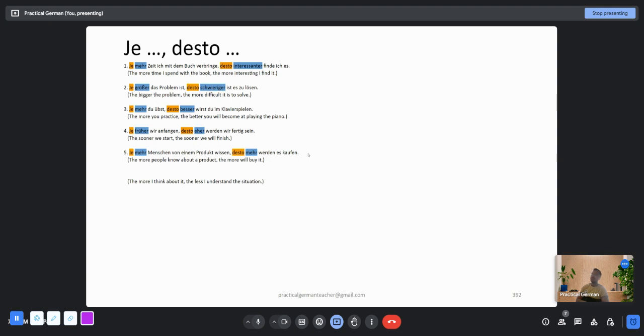If you check in Leo, you will see von etwas, dative, wissen. When you use the verb wissen and you want to say know about something, you can use über. You can also use von. If you use über, after über it will be accusative. If you use von, it will be dative. Both are fine.